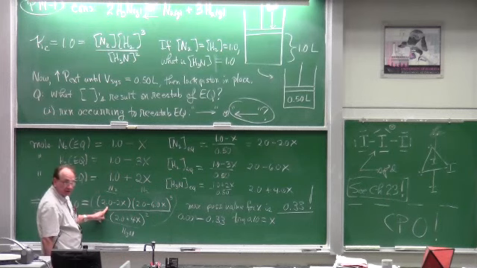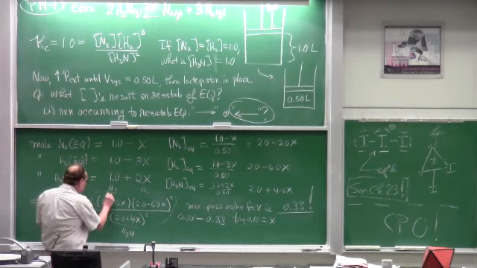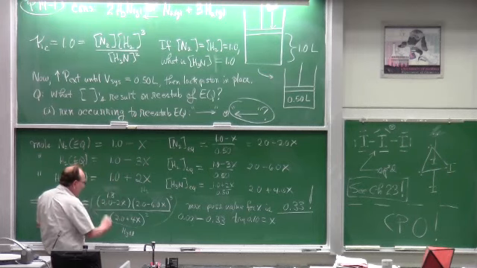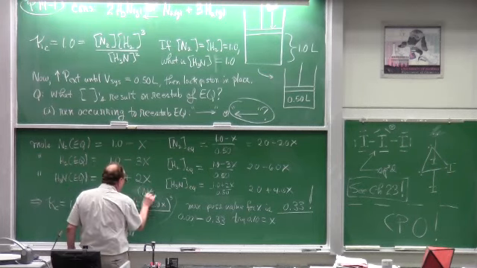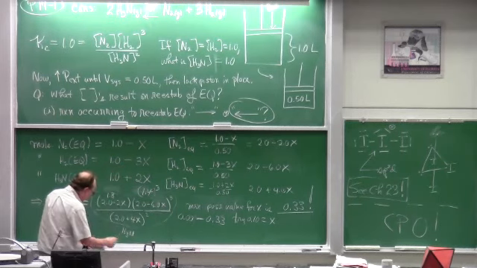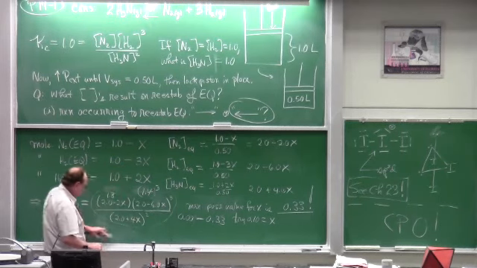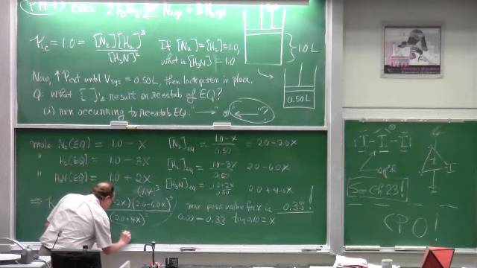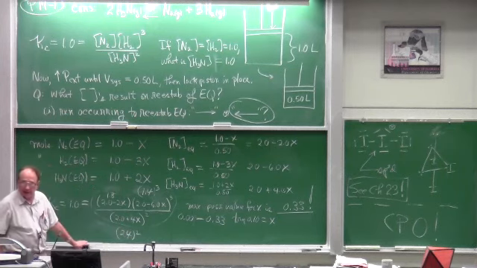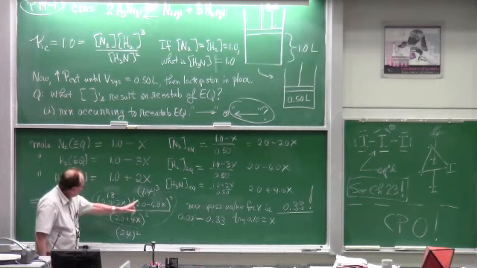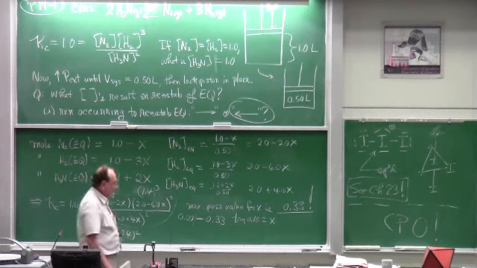This becomes 1.8. This becomes 1.4 quantity cubed, and this becomes 2.4 quantity squared. So now you get out your pocket calculator, you take 1.8 times 1.4 quantity cubed divided by 2.4 quantity squared and see what you get.